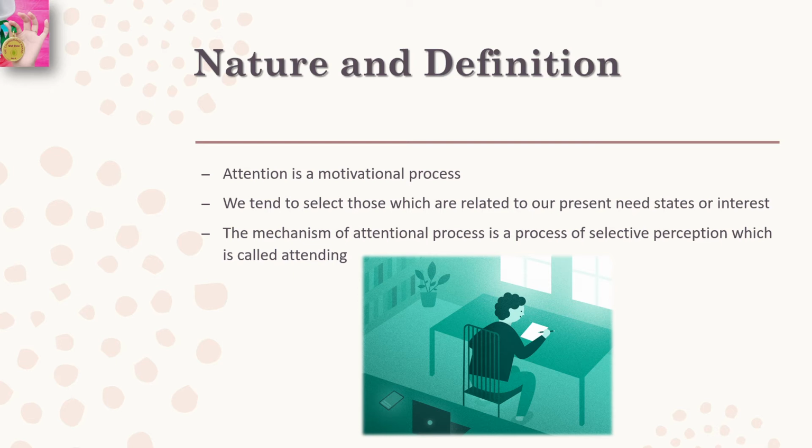The mechanism of the attentional process is a process of selective perception, which is called attending. What follows from the description of the nature of the process of attending is that it is a selective process of perceiving certain stimuli and either ignoring or not taking into mental awareness other stimuli present in the environment.